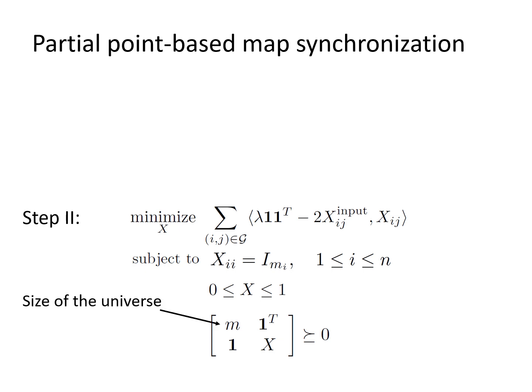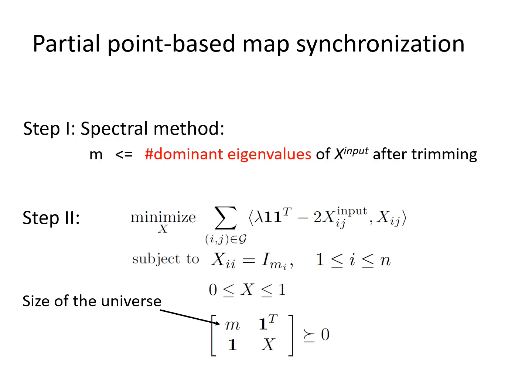In other words, it's the size of the universe. What we can do here is apply a spectral method on the input to estimate m, and we can show that this provides a very reliable estimation of m. Then given m, we solve the augmented SDP.